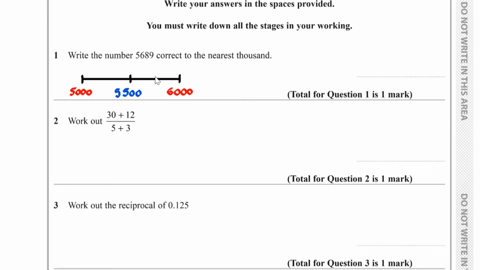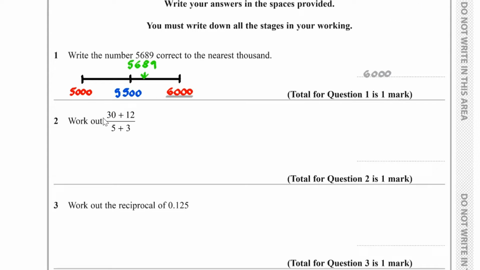And then we note that our number is 5,500 or greater, and therefore what we would have to do is round up to the 6,000. So we have 6,000.